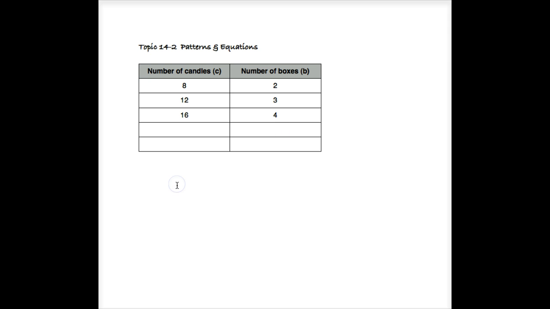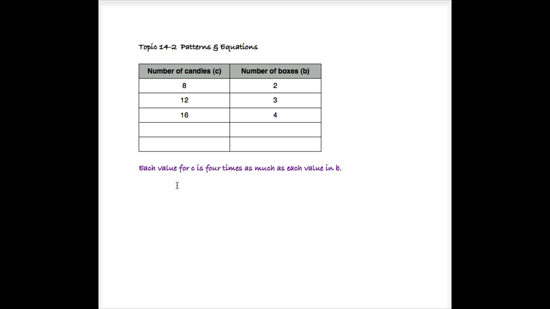So writing it out would be that each value for C is 4 times as much as each value in B, right?